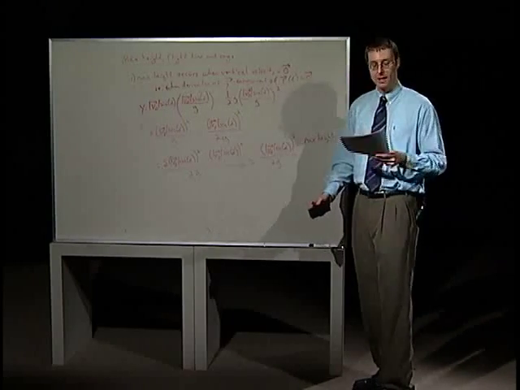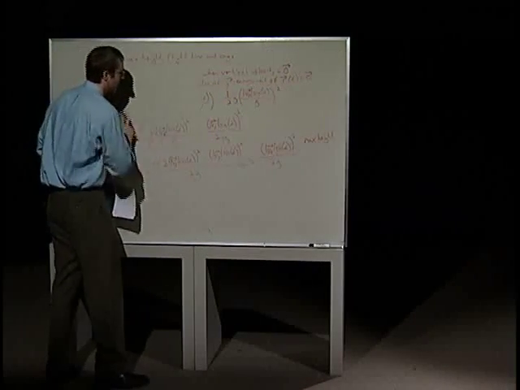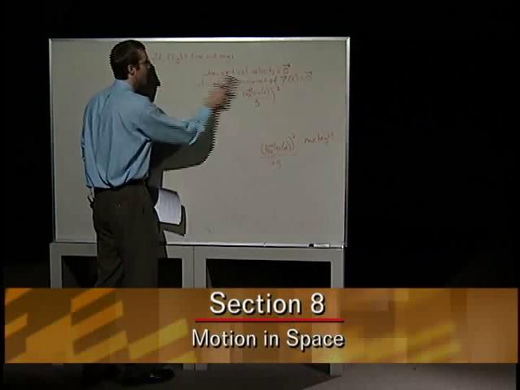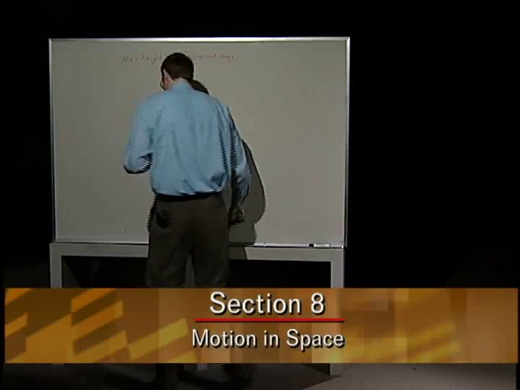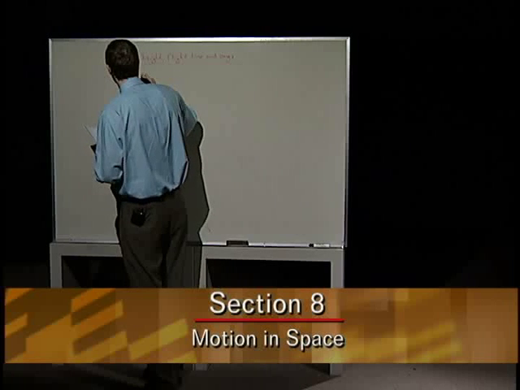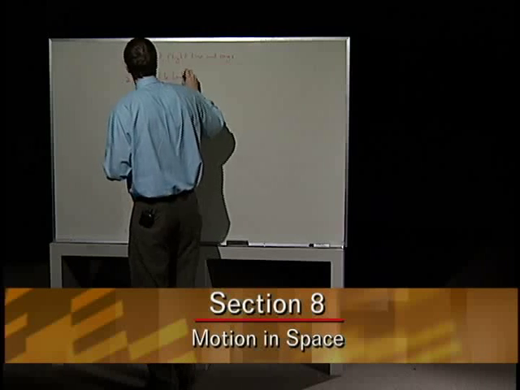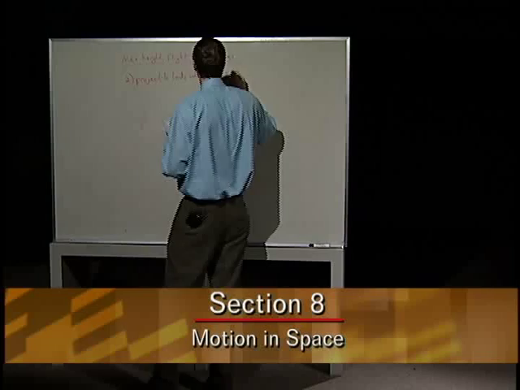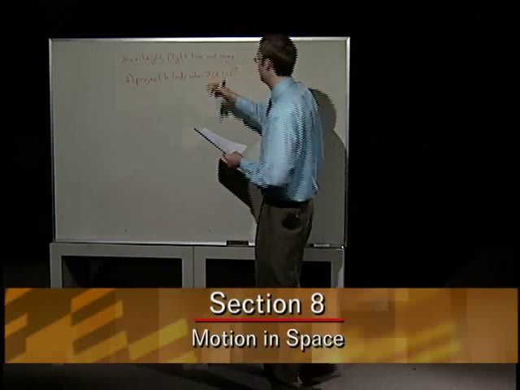We'll try it out shortly, but let's go through flight time and range too. So, flight time. The projectile lands when r of t is equal to 0 again, in other words, the position vector is 0.